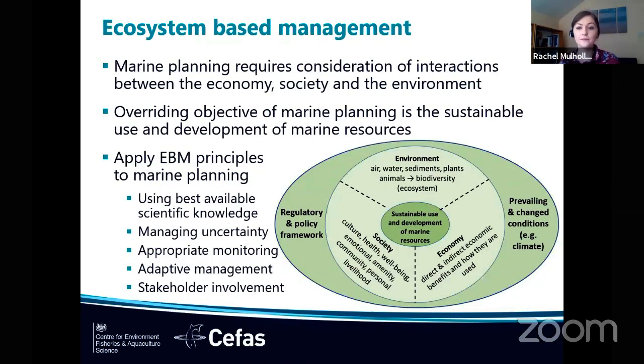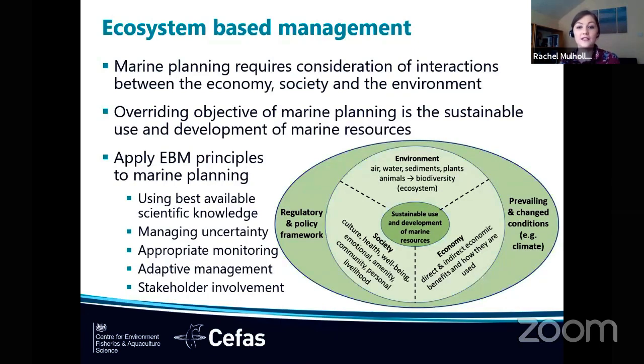Society includes safeguarding culture, health, well-being, amenity, and community. Economy relates to the direct and indirect economic benefits that can come from the marine environment and how they are used. For example, jobs, trade, food, transport, and tourism related to the marine area.